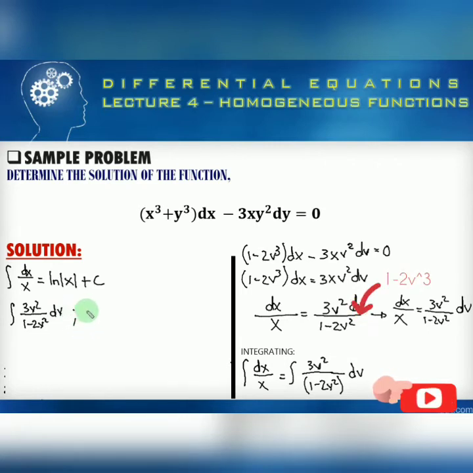So let us assign u is equal now to 1 minus 2b squared, and then taking the derivative of u, which is equal to the derivative of 1, which is 0, and then the derivative of this one is negative 2 times 2, and then b raised to the 2 minus.